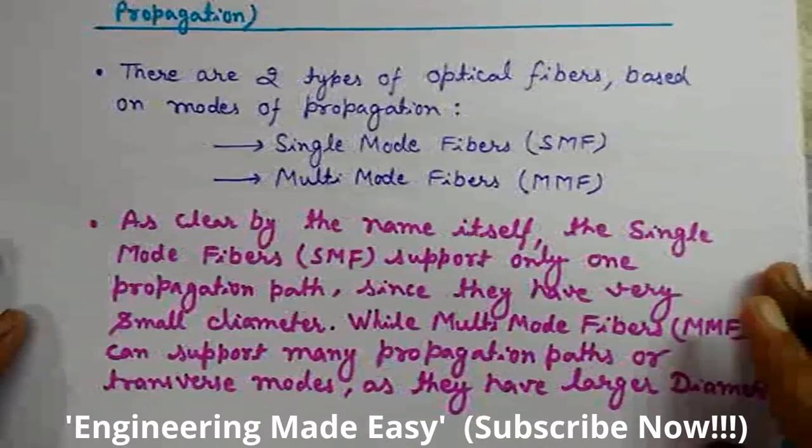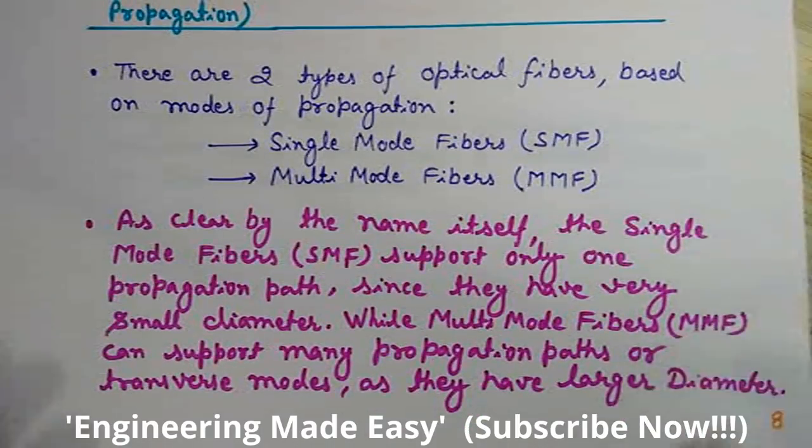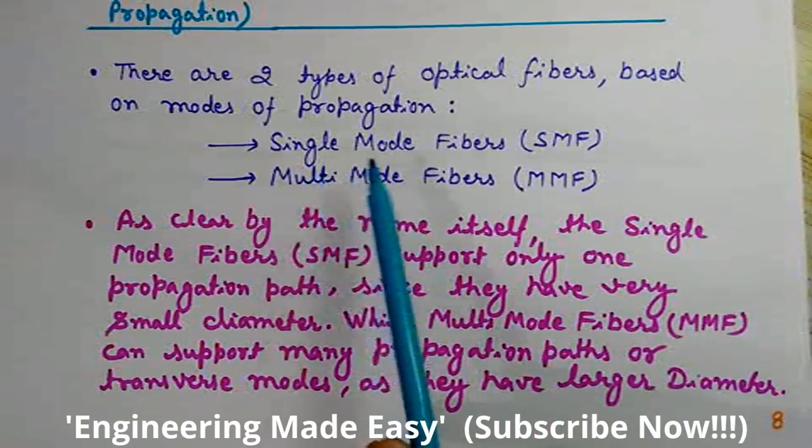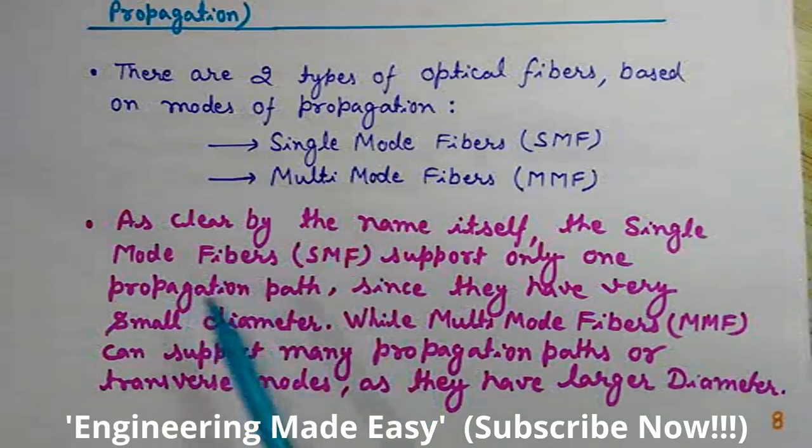It is not possible for many light rays to travel through it. It is so small in diameter that only a single ray of light, only one propagation path, can pass through this optical fiber. That's why it is called single mode fiber.